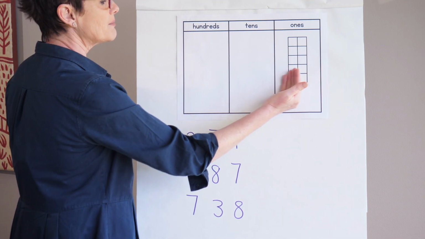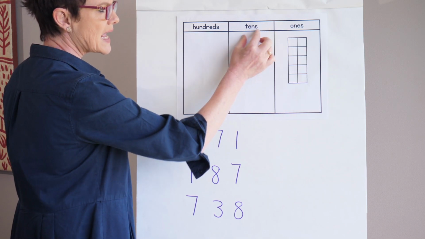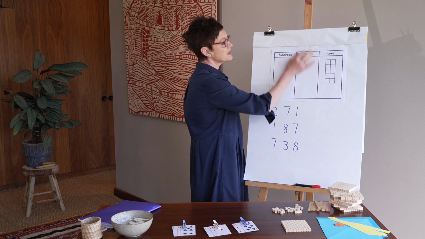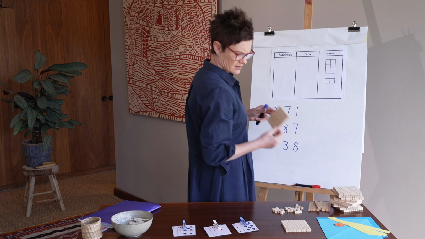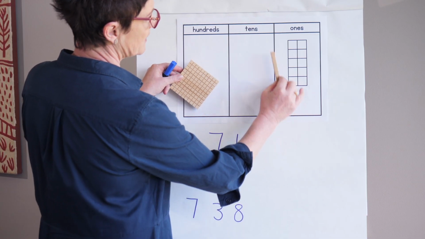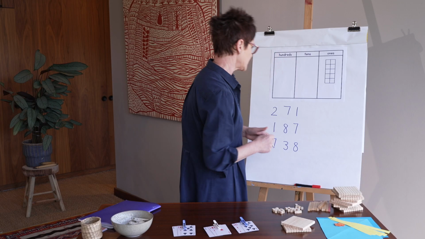So each time I move to the left, it becomes 10 times bigger. 10 times bigger, 10 times bigger. Remember? If we have a look at that and a little one, we can see they're growing by tens. Remember, we can always use these to help our thinking.